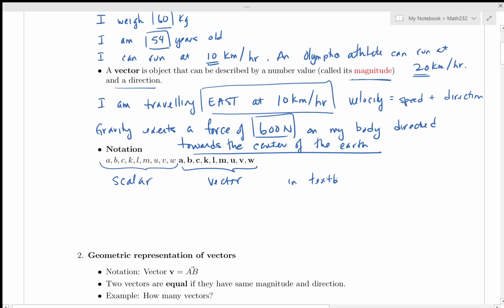The problem is, how do I print in bold? I can't sort of print light and then dark and have it actually be distinguishable. So there are other notations I will use like this, A, and when I do that and I don't otherwise say, that will be a scalar. And then when I want to indicate it's a vector, I will go like that.